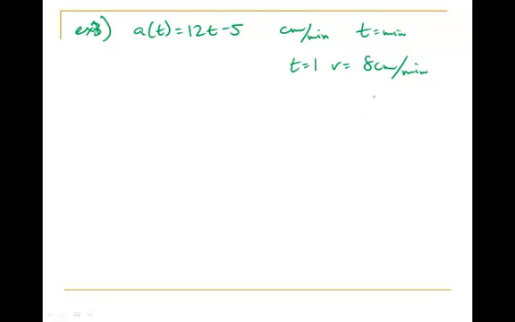Well, they're asking me to go backwards. They've given me acceleration, they want me to find velocity. So, since a of t is v prime of t, a of t is the derivative, I can find v of t by thinking about what equation this could have come from.